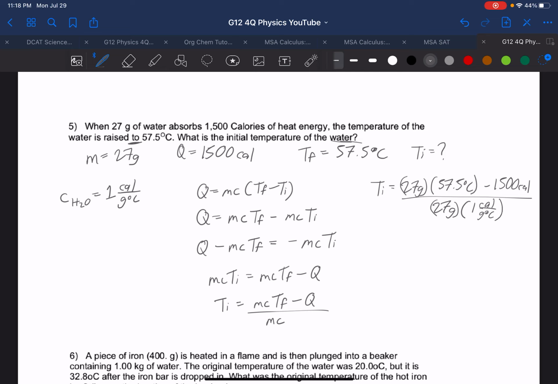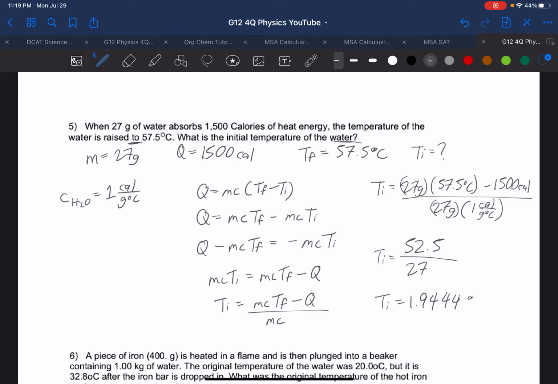Okay. What is 27 times 57.5 minus 1.5? Basically, we have 1.94.